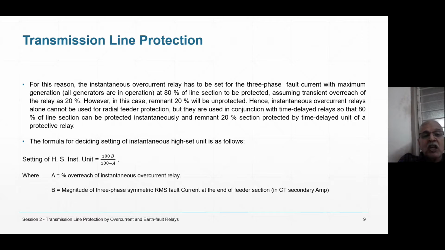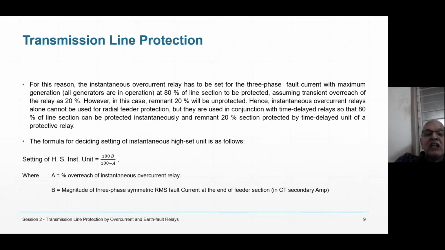Then the formula is 100B upon 100 minus A. B is equal to magnitude of 3-phase RMS fault current at the end of the feeder. Say if I am talking of relay R1, then I have to find out the fault current at B. 3-phase fault current at B, right? And that I have to convert into CT ratio, that is secondary side.